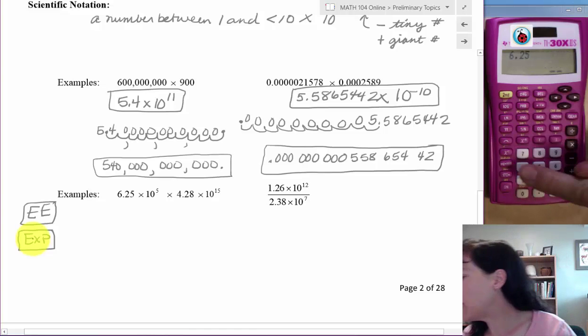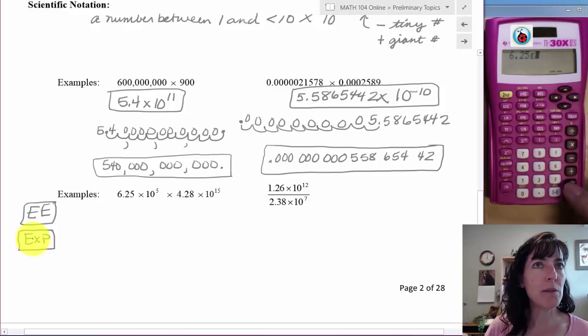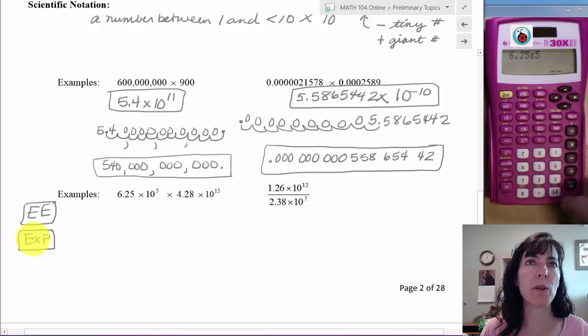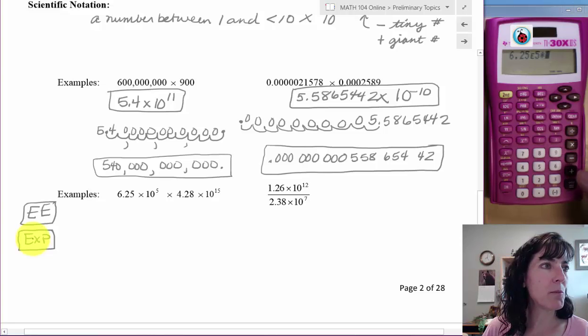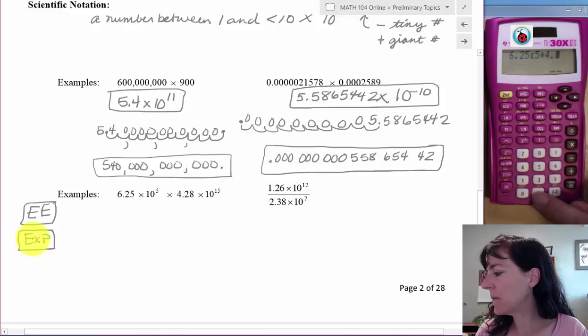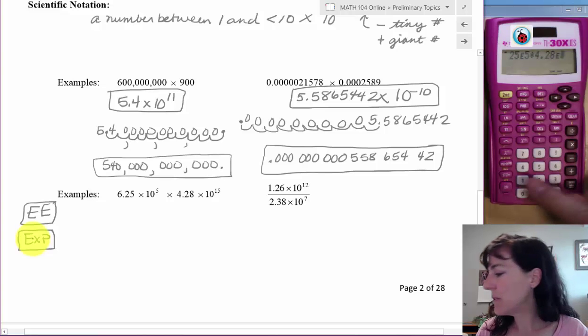So here's what I do to put in scientific notation on my calculator. 6.25, and then instead of writing times 10 to the, I do the EE button, and it writes a little e for me, and then I just put in the exponent, just like that. And then times 4.28 EE 15.